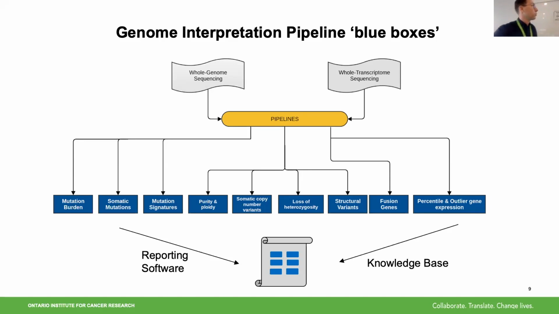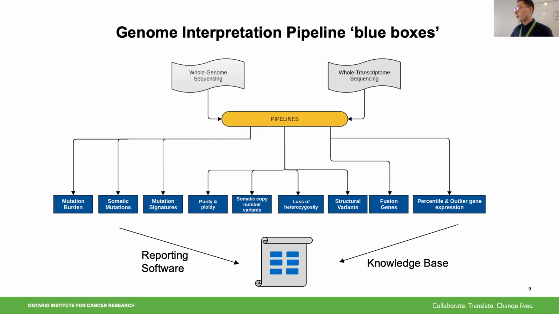So we're looking at things like mutation burden, different somatic mutations, mutation signatures, fusions, and I'll get more into what some of these mean a bit later. But on top of these interpretable components, which are output from the different bioinformatic tools, there's two other things which we need, which I'll be expanding on.